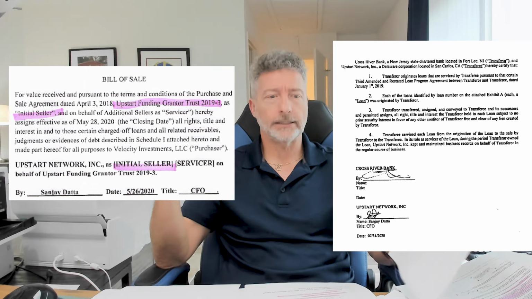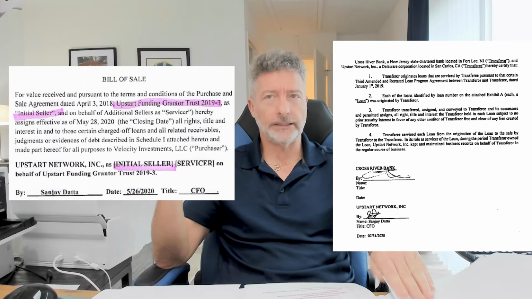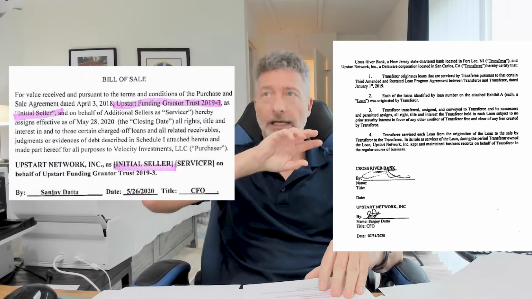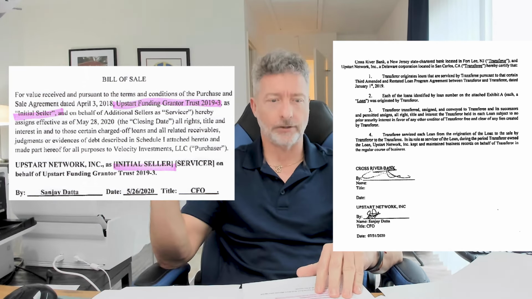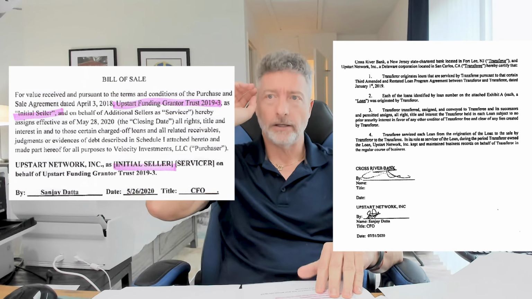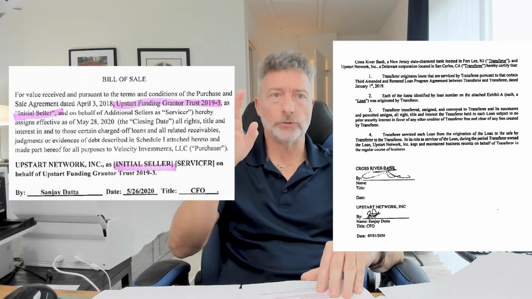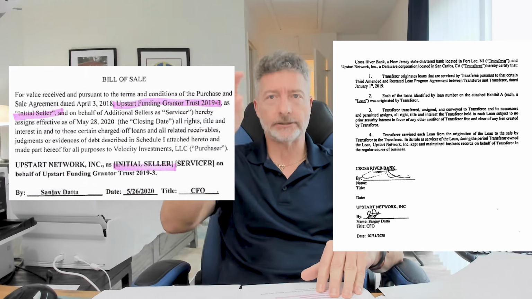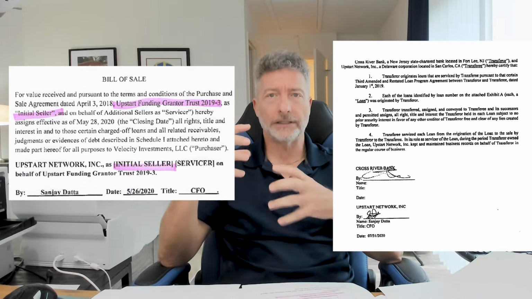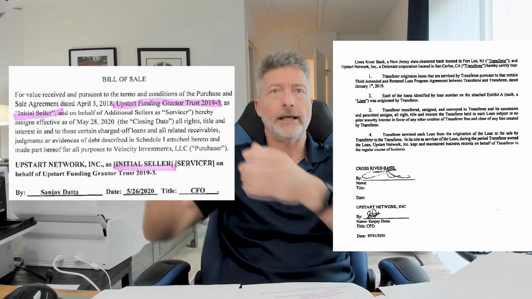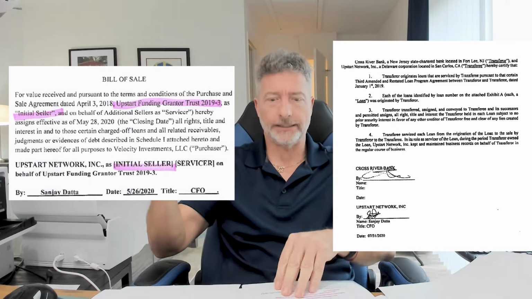There's nothing showing Upstart Network handing the debt to Velocity 2 months after that bill of sale, when the loan sale agreement is the first time the debt is transferred to Upstart. Anything where Velocity can truthfully show it got the debt must come after that date of 7/31/2020. I hope that makes sense, especially with my other videos.